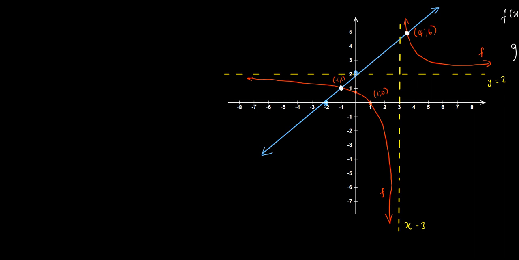Here are the points of interest. Number 1, your x-intercept. Number 2, your asymptotes. After asymptotes, what are we going to have?